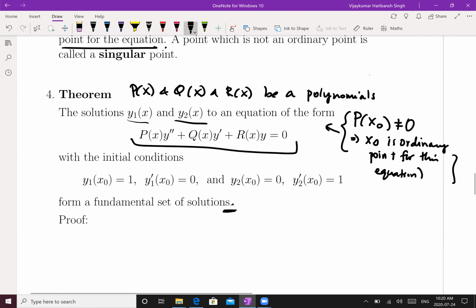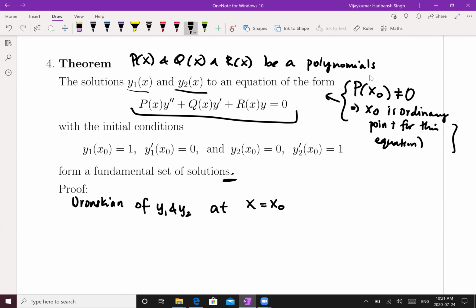So now we want to see whether they will form a fundamental set. These are the solutions, and we want to check whether they form a fundamental set or not. So let's proceed. What is the Wronskian of y1 and y2 at x equals x naught?